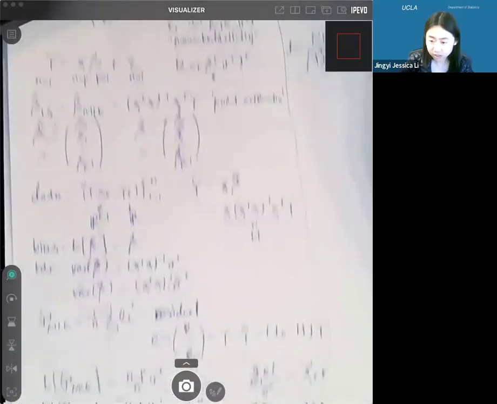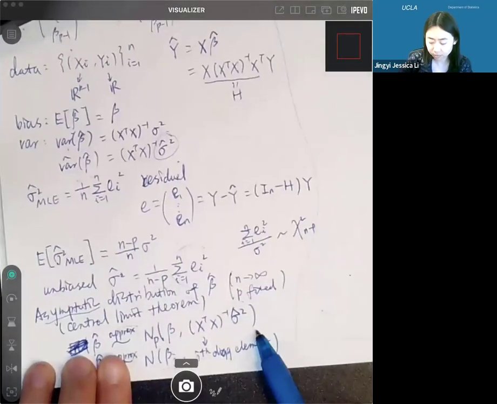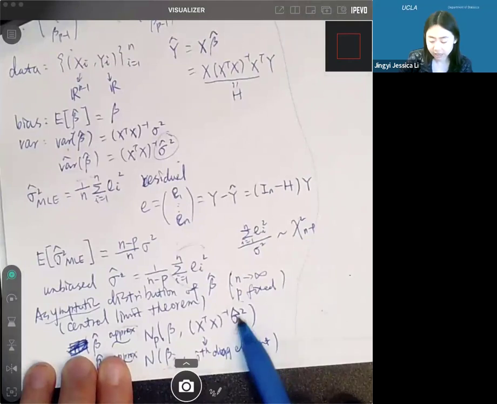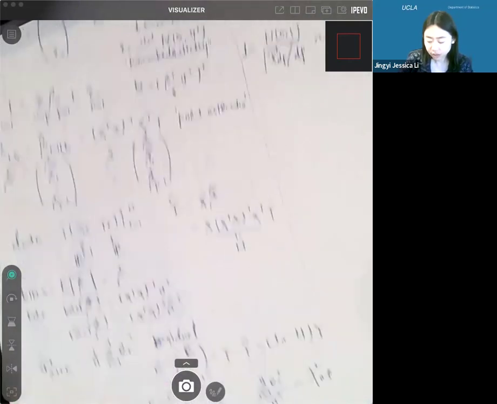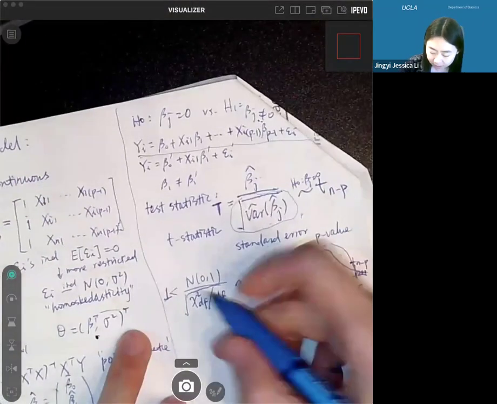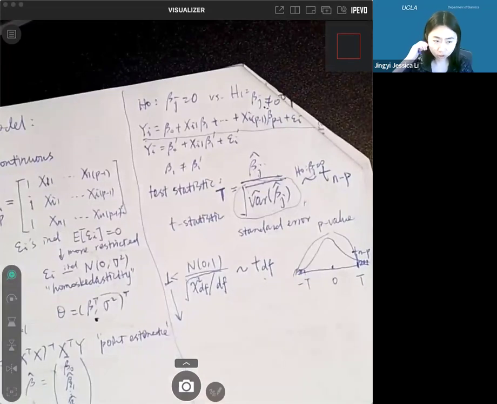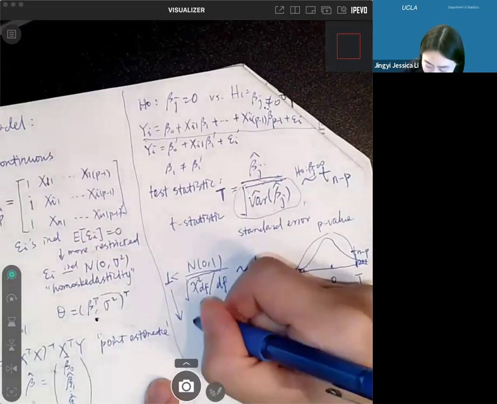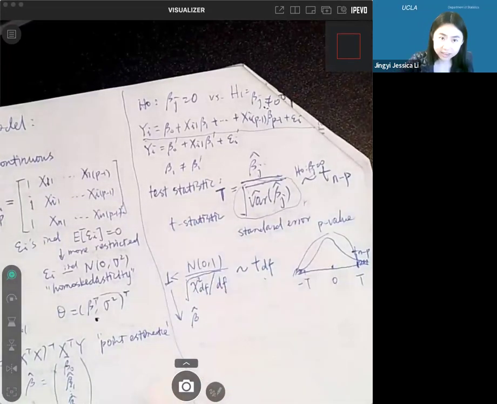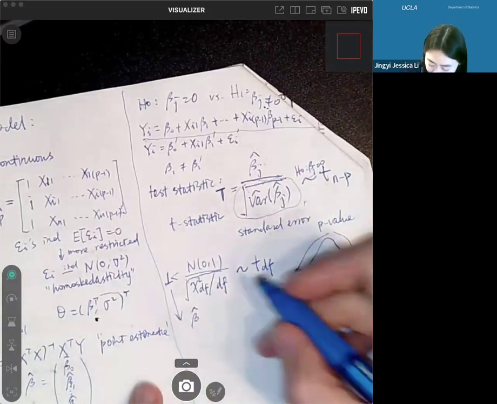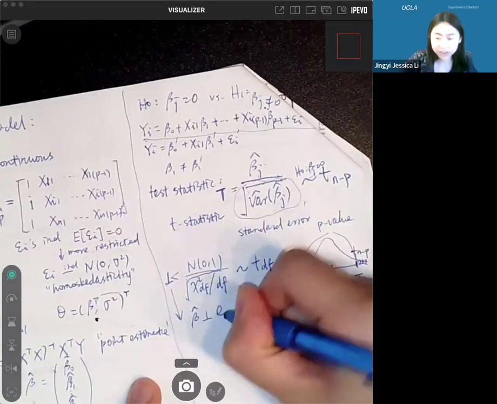Because we need the residuals to give us sigma hat squared, which is what we have for the variance estimate. So to satisfy this independence, we can show, as a sufficient condition, that beta hat and the residual vector are independent.